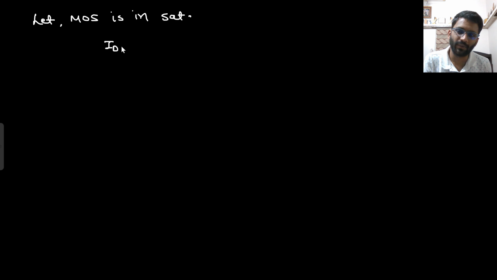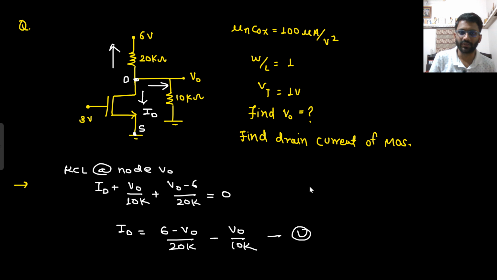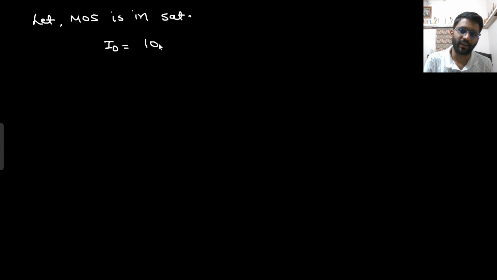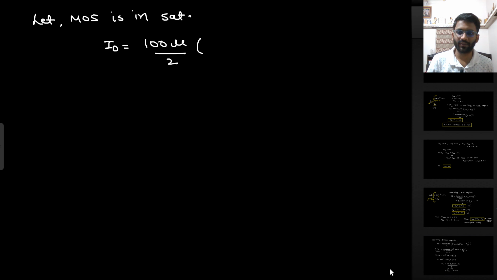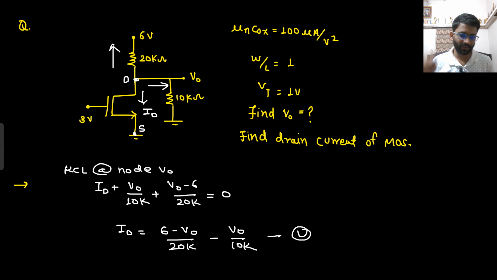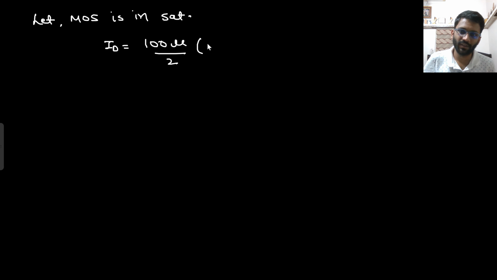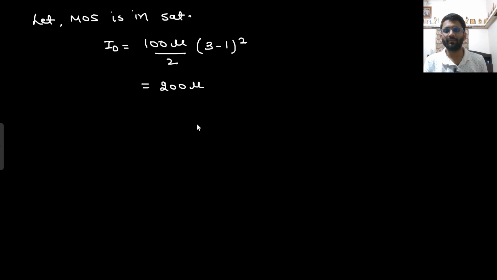Then what will be the ID value? ID value will be mu n Cox W by 2L, and I am not going to write the whole formula. VGS value do we have? VGS value is 3 volt. VGS minus VT whole square.